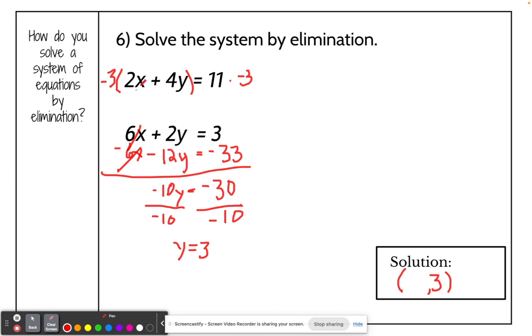Let's check out my x. I can go to either equation. I have 6x plus 2 times y, and my y is 3, equals 3. Well, 2 times 3 is 6, so 6x plus 6 equals 3.